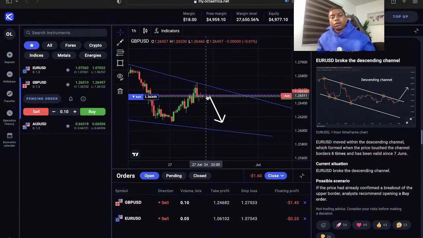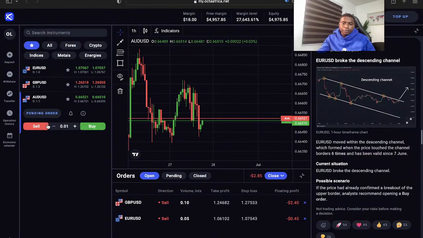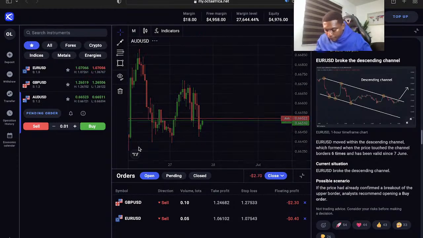Okay, so here now we've placed a sell. Now let's take a look at Australian USD from the monthly time frame.